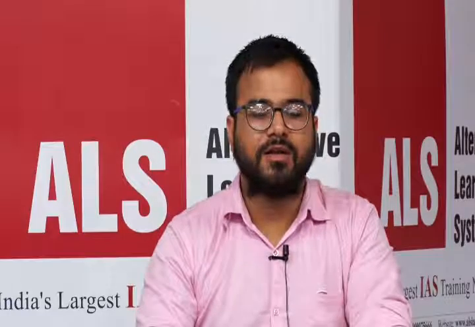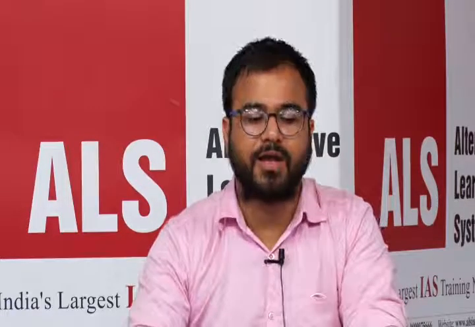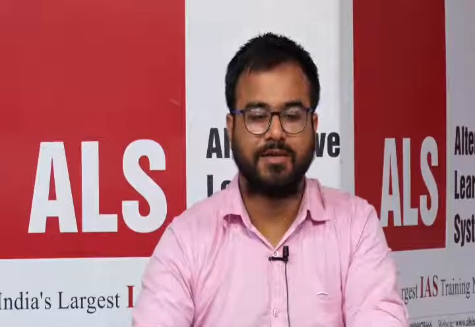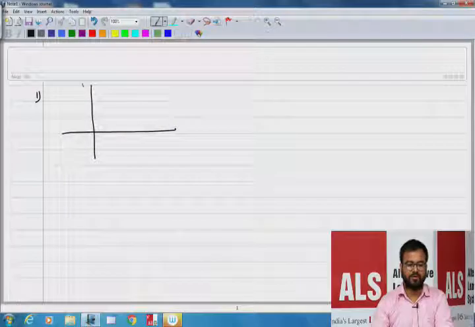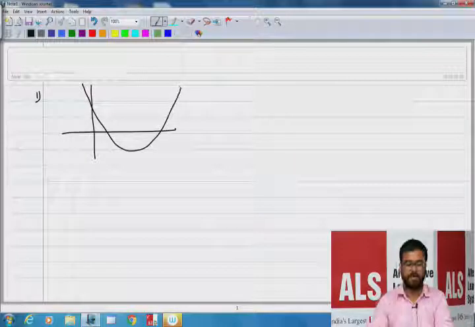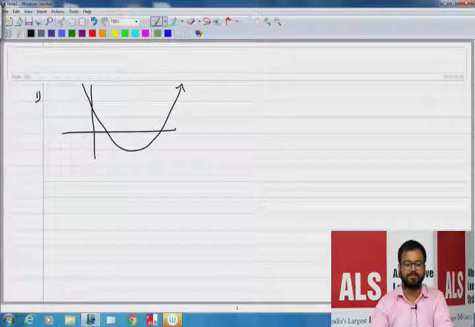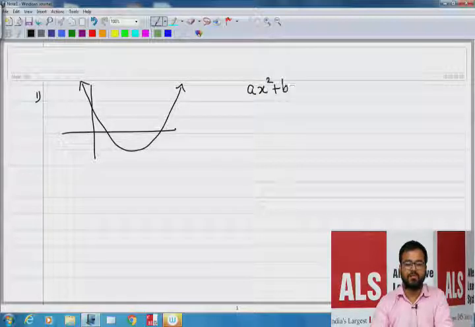In this polynomial, the first question: suppose I draw the graph of a quadratic parabola like this. It is the graph of ax square plus bx plus c, the polynomial p(x).